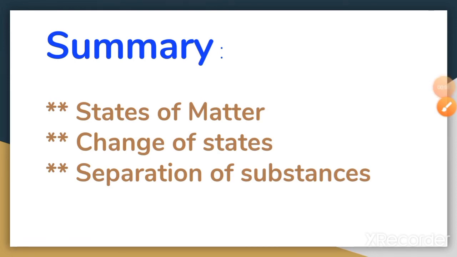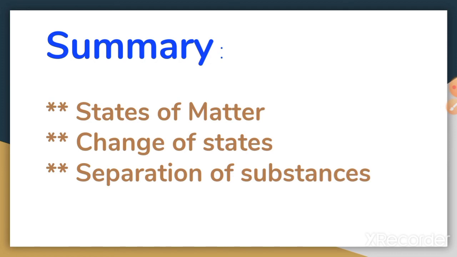Today we have covered topics like states of matter, which are three: solids, liquids and gases. What is matter? Matter is made up of very tiny particles, and these particles are so small that we cannot see them with the naked eye.